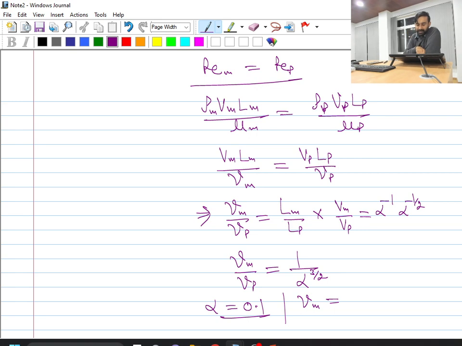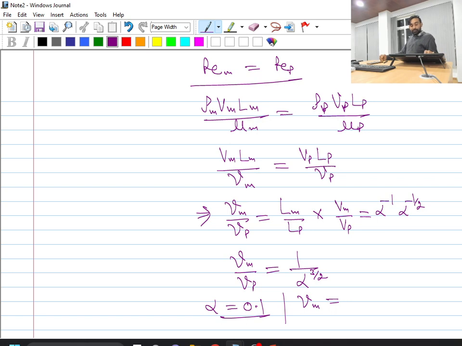So in these scenarios, the kinematic viscosity of water or air, which are the generally used fluids, becomes the prototype viscosity. But the kinematic viscosity of the model fluid will come out as some arbitrary value. So if we have to ensure perfect dynamic similarity, then I should get that particular type of fluid over here.